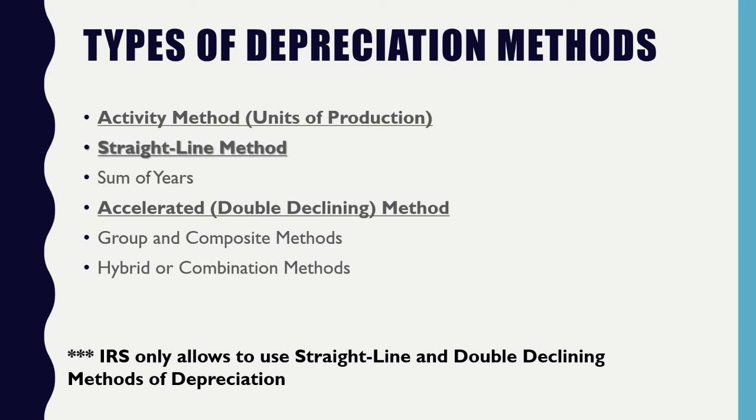So straight line's pretty straightforward. Think about it: when you draw a graph and you draw a straight line, it's consistent, meaning every single month you depreciate, it's going to be the same value. It's going in a straight line. We'll explain more about that on Thursday. We're going to take a look at straight line on Thursday.